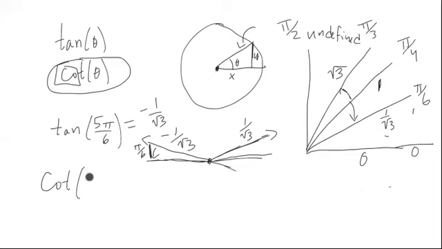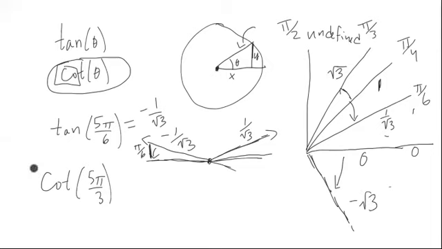Okay, so if we take, for instance, the cotangent of, and this time let's do 5 pi thirds and see what that would be. So 5 pi thirds is actually going to be down here. The larger of the y values, but then it's going to be negative, right? So it's down there. So it's going to be the negative of that slope. So negative root 3 is the slope.